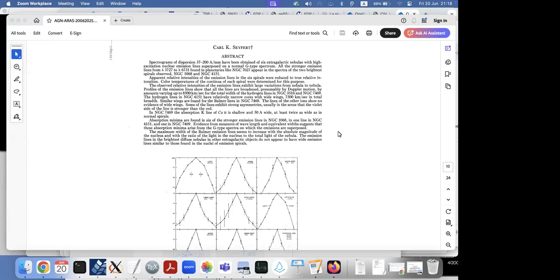And then comes the kicker. Profiles of the emission lines show that all the lines are broadened, presumably, important statement, presumably by Doppler motion, by amounts varying from 8,500 kilometers per second for the total width of the hydrogen lines in NGC 3516 and 7469. The hydrogen lines in 4151 have relatively narrow cores with wide wings. Again, important, 7,500 kilometers per second in total width.